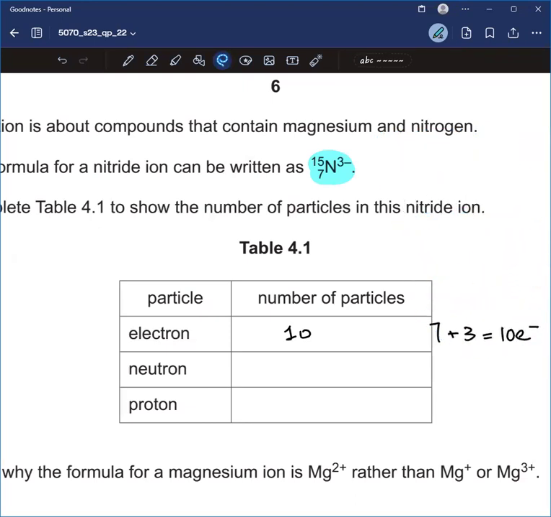Okay, neutrons. We know that if we subtract the smaller number from the bigger one, we'll get the number of neutrons. So 15 minus 7 would be how much? 15 minus 7 would be 8. Yeah, 8.